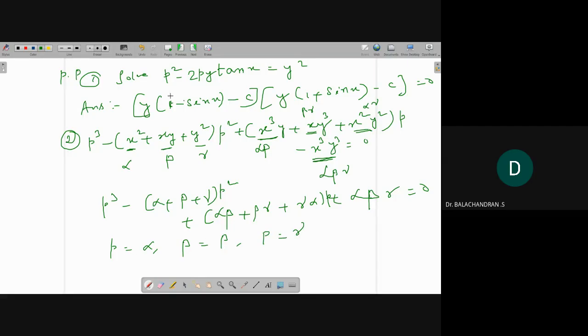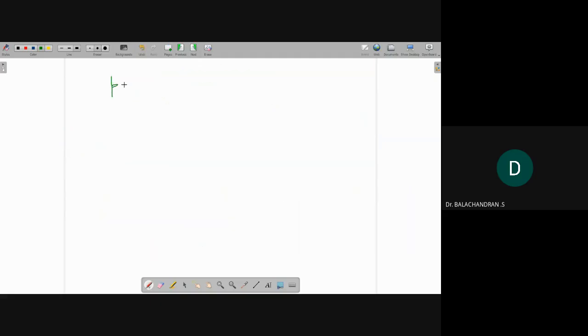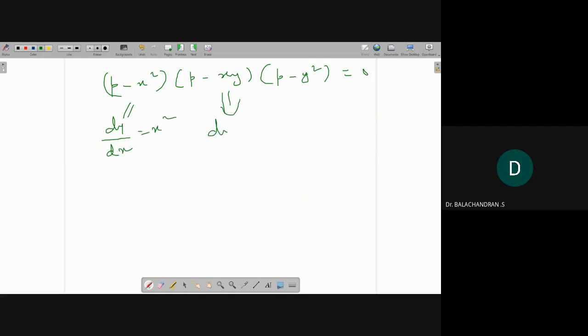Or you can write this as p minus alpha into p minus beta into p minus gamma, where alpha is x square, beta is xy, gamma is y square. So from this we have dy by dx equal to x square, from this dy by dx equal to xy, from this dy by dx equal to y square. Please check that.